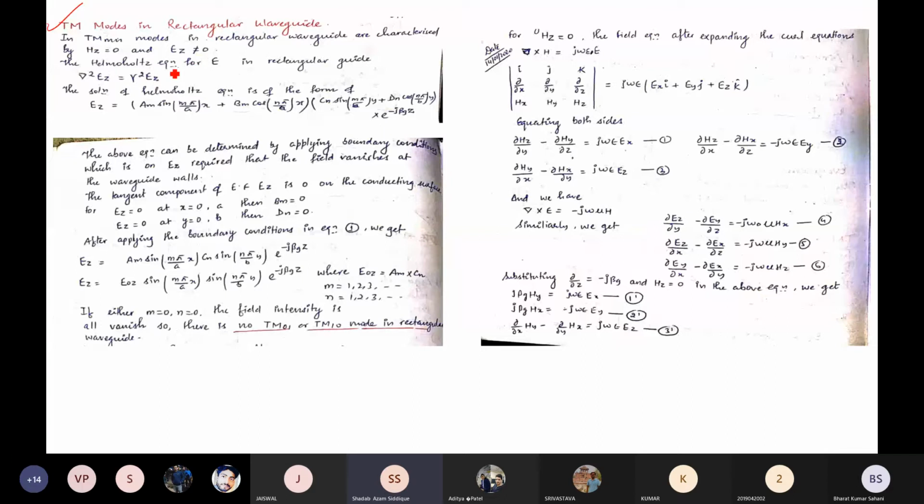Now we have the Helmholtz equation in a rectangular waveguide. We know del squared psi is equal to gamma squared psi, and in terms of psi we can replace it with the Ez value. So del squared Ez is equal to gamma squared Ez, and the solution of the Helmholtz equation can be written in this form.